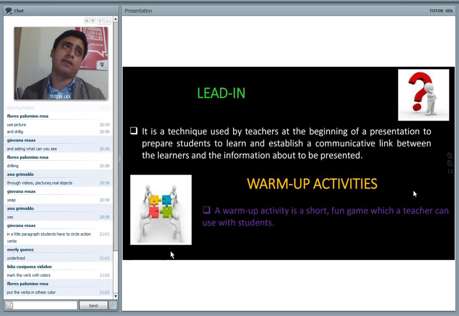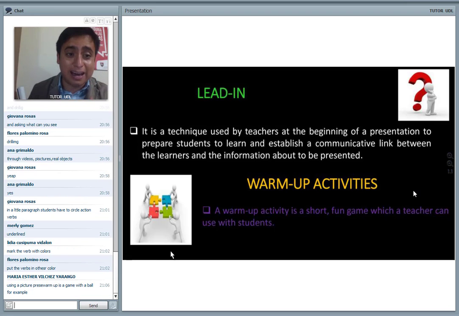For example, what I usually do with my students is, okay, let's remember the vocabulary we did yesterday, so let's play a game now. There are different kinds of games. You can use Tutti Frutti. I use Tutti Frutti in English. You can use ahorcados, hangman. This is another kind of game that they love to do.